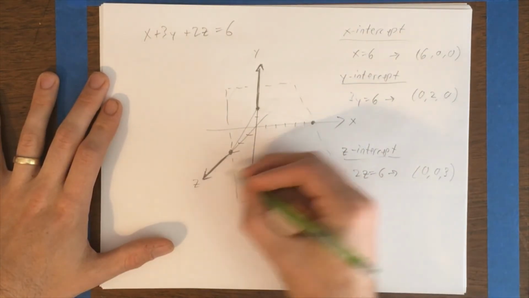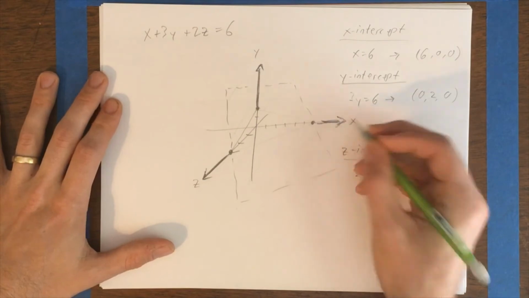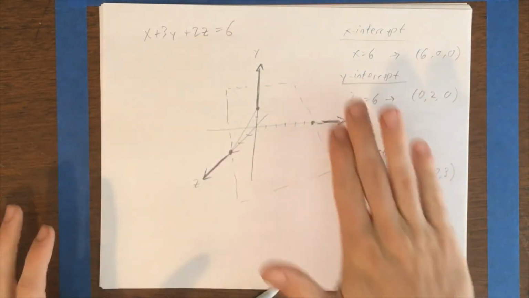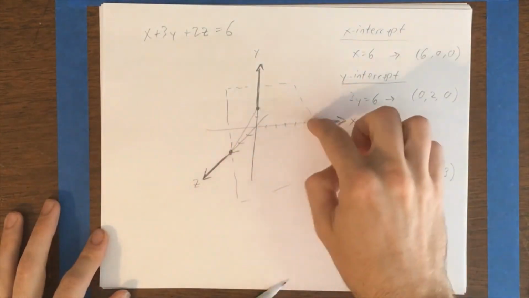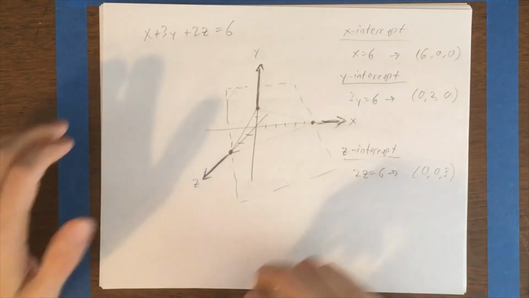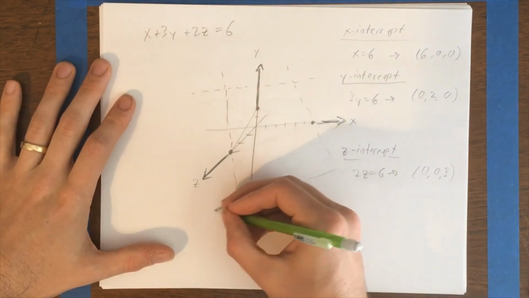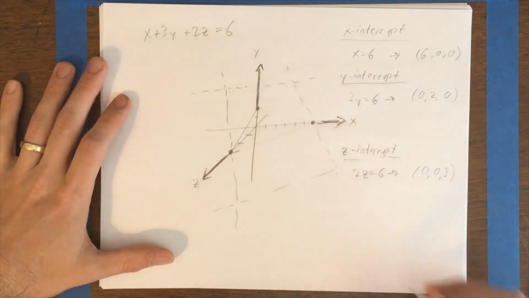So you can almost picture it as a tilted plane that's sitting like that, cutting through the axes in these intercept points. But otherwise, it's going off forever in all directions. An infinite two-dimensional plane.